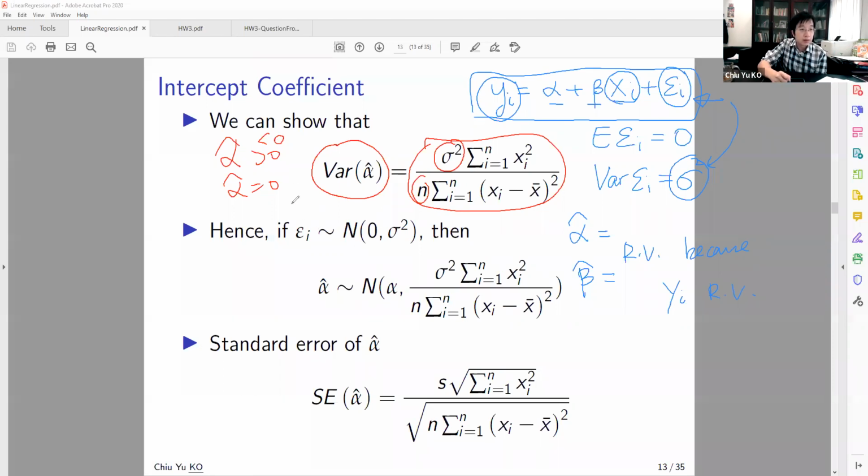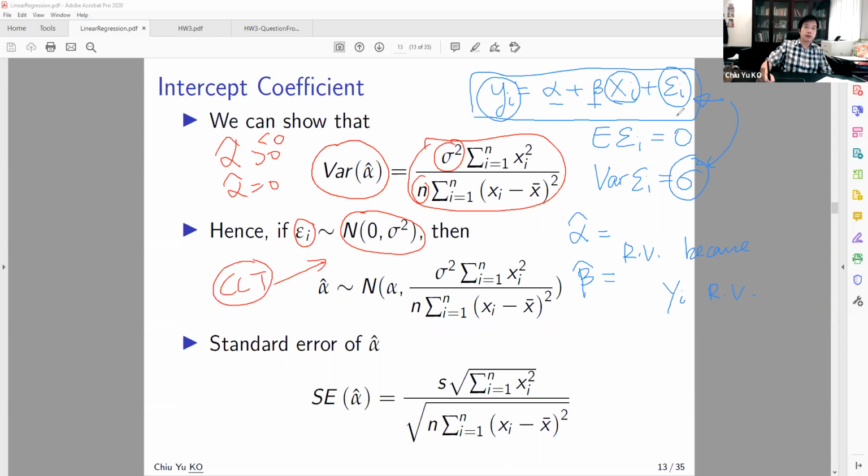Usually we assume this is normal, which is an okay assumption, because you can imagine the central limit theorem applies.